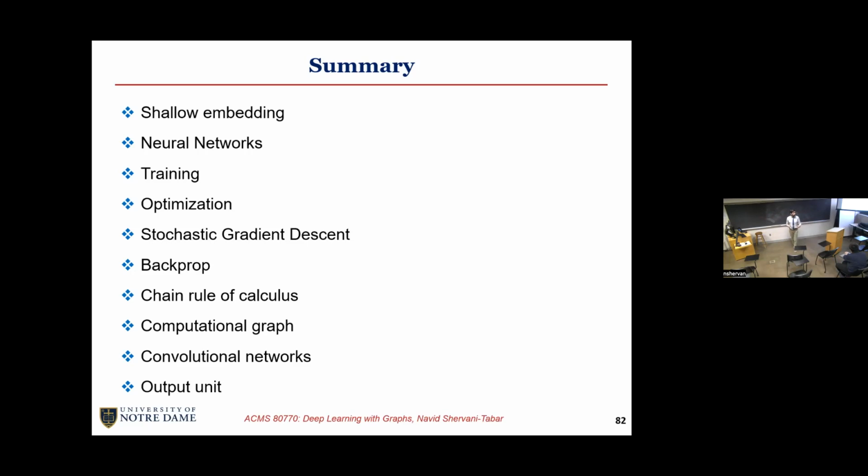Then we went over another type of network, convolutional networks. We went over two cases, 1D and 2D convolutions, that we can use for images and audio signals. And lastly, we looked at how our output units should look, based on the type of task at hand.